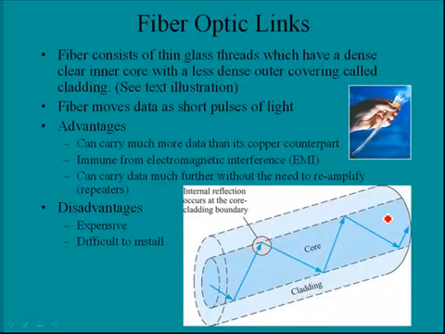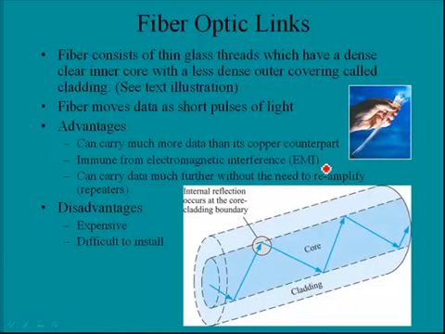The advantage of fiber optic cable is that it can carry much more data than its copper counterpart. For years, copper has been the primary method of moving data, but they're finding that with fiber optics, we can move much more data. And it is immune from electromagnetic interference, EMI.